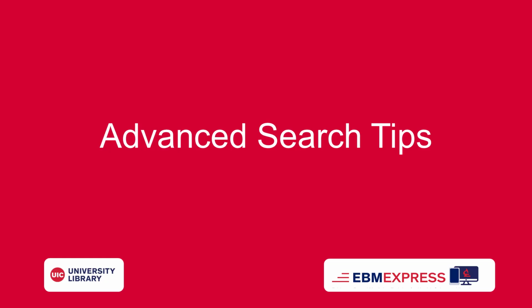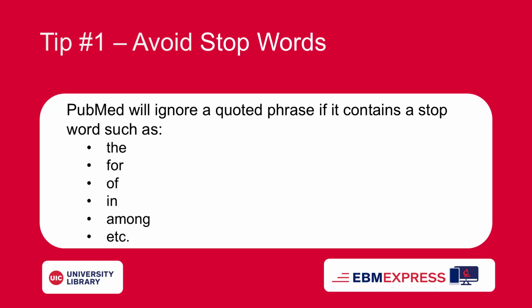Now that we have covered advanced search techniques, let's look at some helpful search tips. Tip number 1, avoid stop words. Stop words are words that the database ignores during a search. These include the words for, of, in, among, and others.